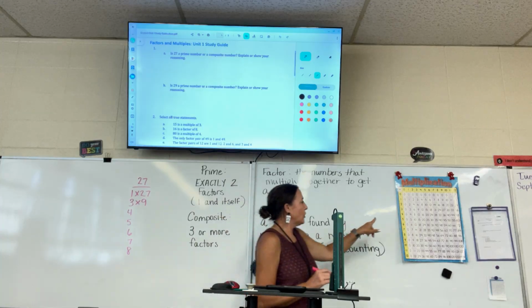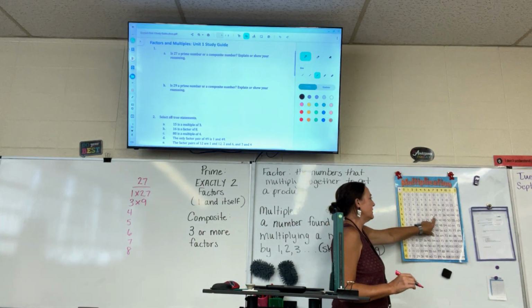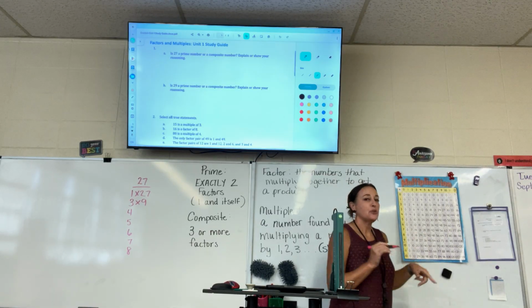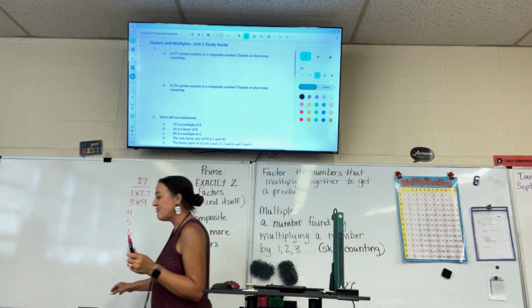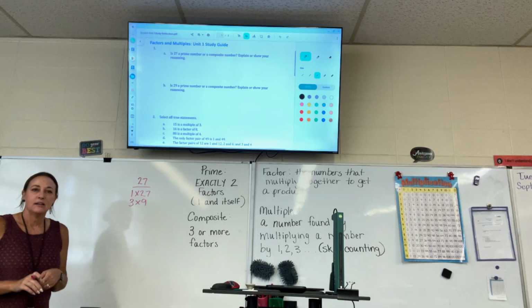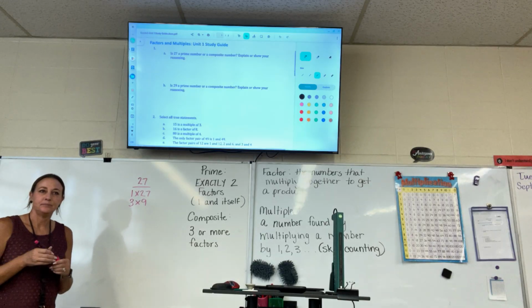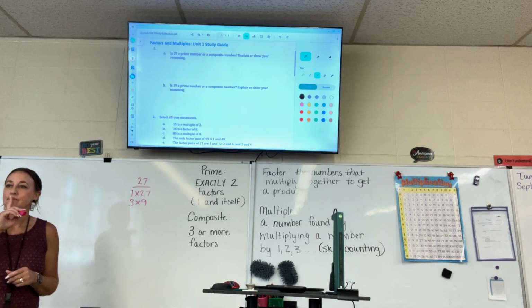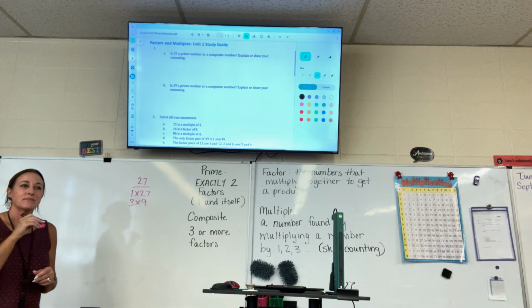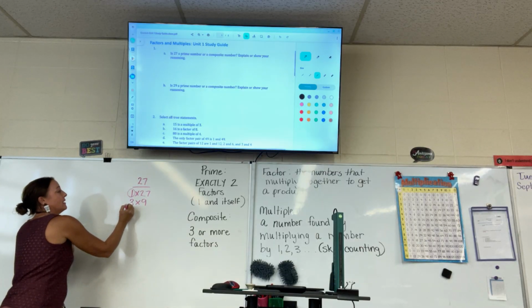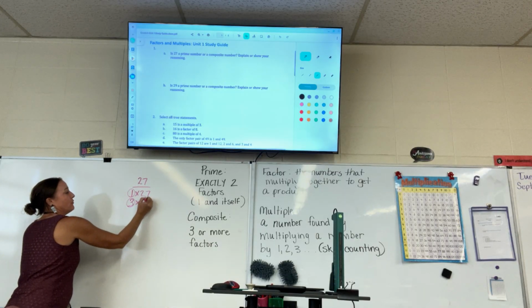So if we check the 4 row, is there a 27? No. 5 row? No. 6 row? No. 7 row? No. 8 row? No. So we know we're done. So how many factors does 27 have? Show me on your fingers. You should be holding up 4 fingers, because 1, 2, 3, 4.